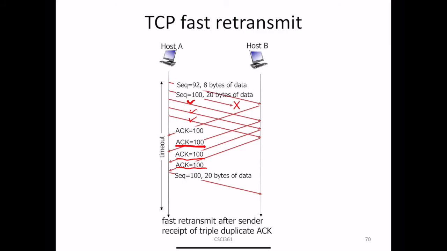Then, after host A receives these 3 duplicates, host A can immediately trigger a retransmission of segment 100 to host B. Here we also need to do a counting: 3 duplicate ACKs plus the original ACK. In total, the sender host A will receive ACK 100 four times.